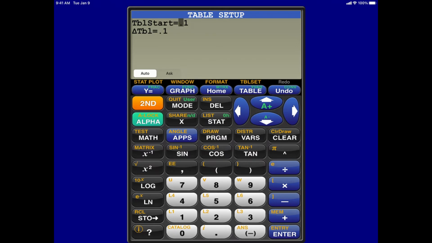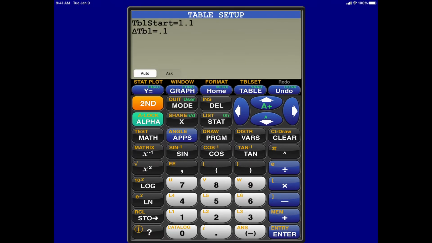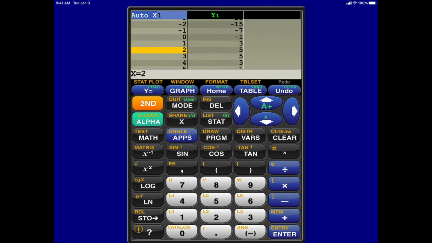Delete. Okay, from here, you can see that you're looking for changes on the y side from a negative to a positive. I see one between 0 and 1, and I see another one between 4 and 5.